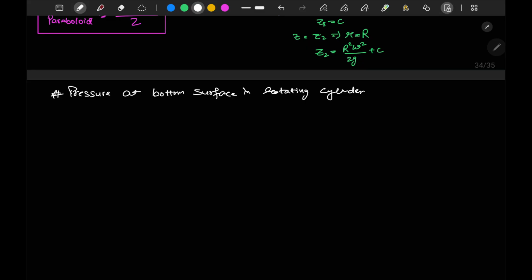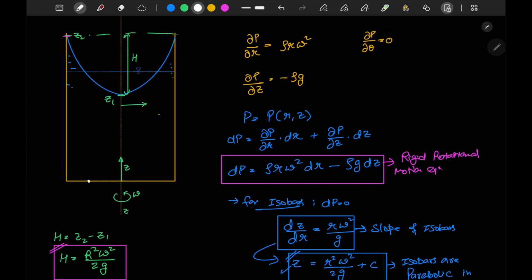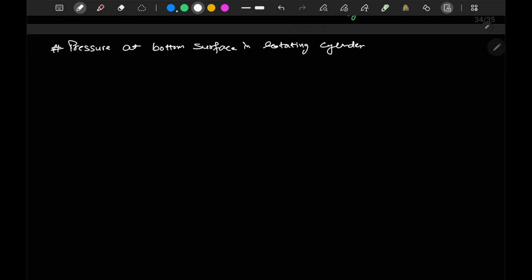If I talk about the pressure at this point, I will use this relation only: dp is equal to rho r omega square dr minus rho g dz. But at the bottom, this term will become 0.